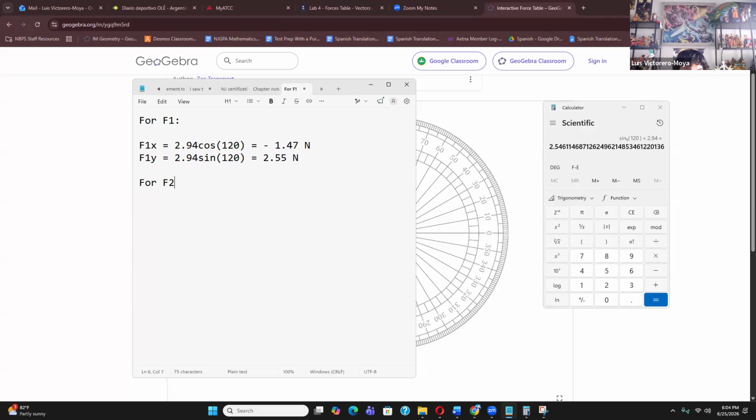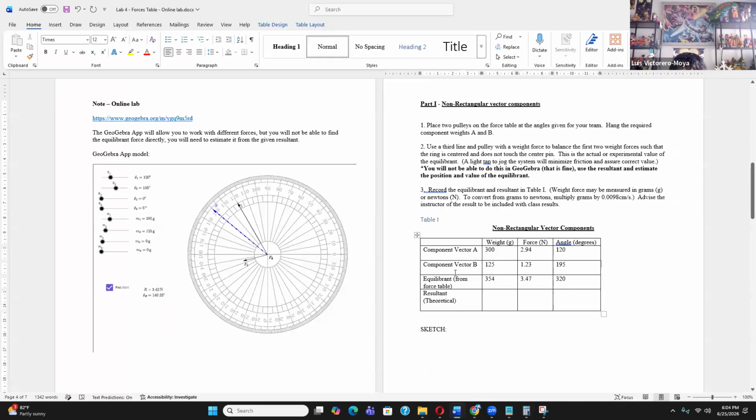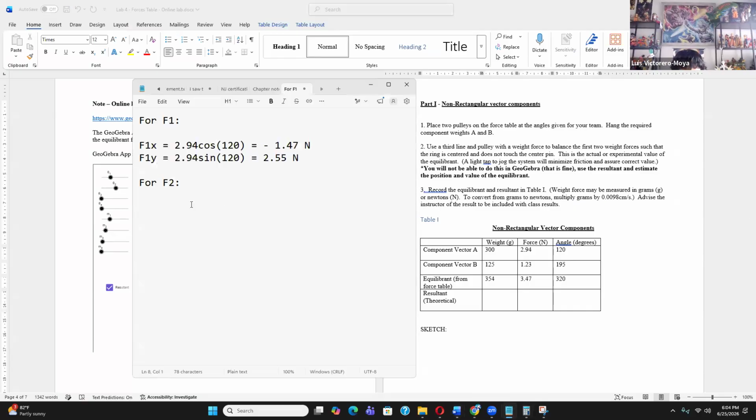For F2 is 1.23 at 195. Cosine of 195, F2Y.